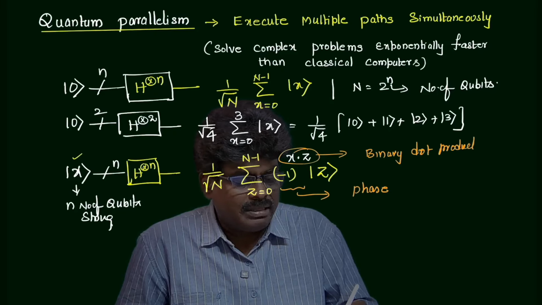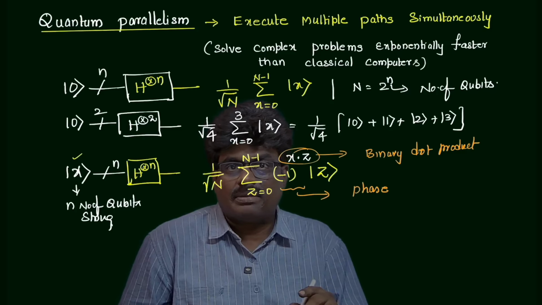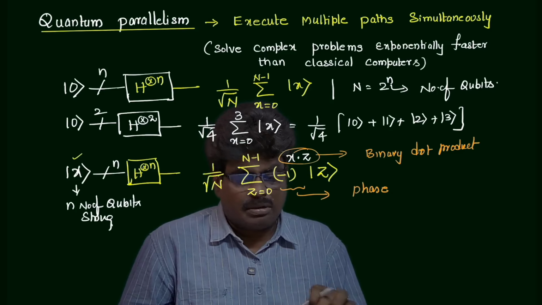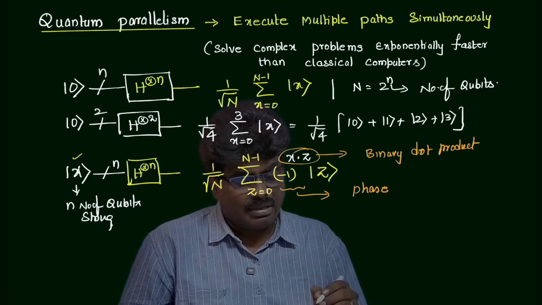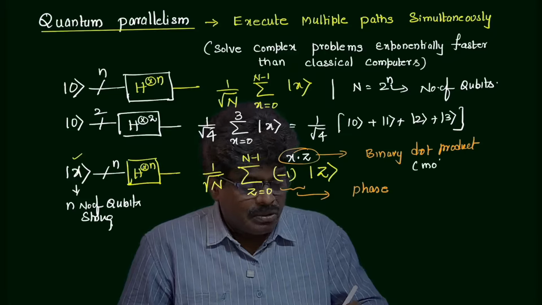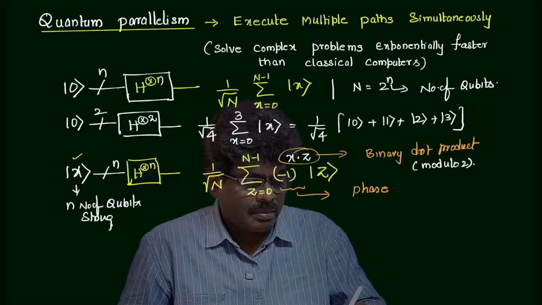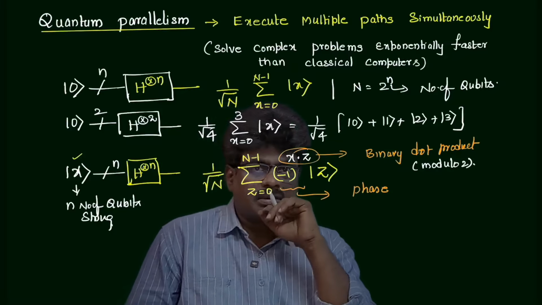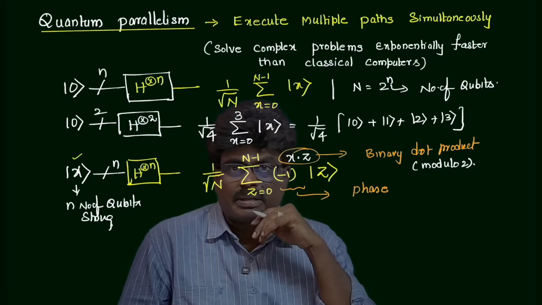If you understand this, then only you will understand the algorithms. In most of the algorithms we will use this feature. So it is a binary dot product, and of course don't forget this is modulo 2. I will explain what this binary dot product is, everything I will explain.